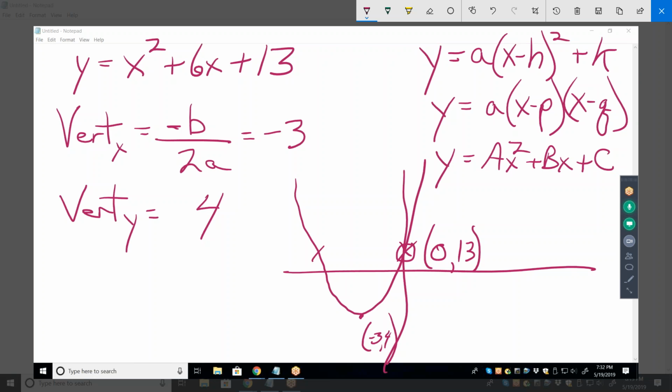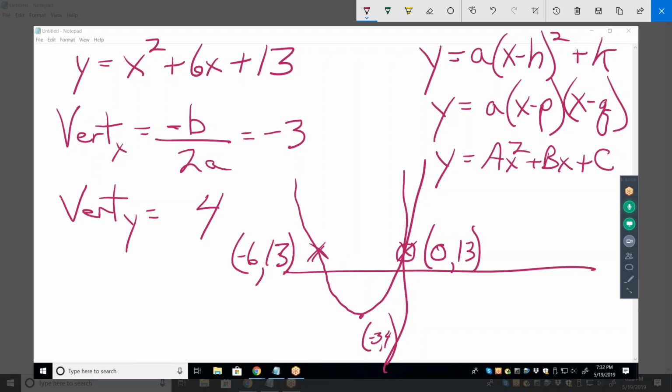Now, there's a thing about parabolas that they're symmetrical. So it's relatively easy to figure out that point. What's the y value of that point? So it'd be 13. Hold on. That's the y value. Negative 6, 13. Very good.